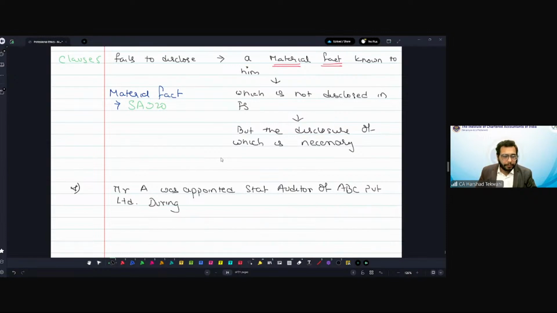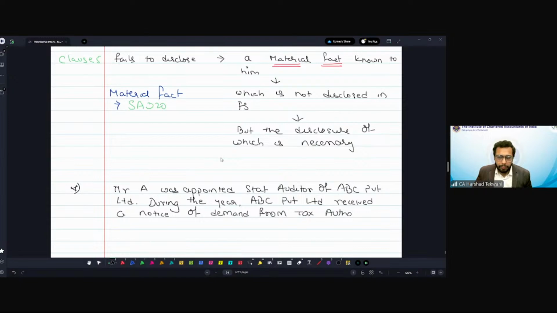During the year, ABC Private Limited received a notice of demand from tax authorities and the amount of penalty was material.